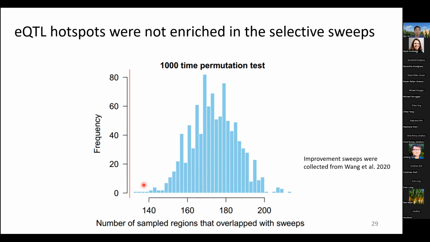We found the observed value is significantly smaller than by chance. So it tells us these eQTL hotspots were not enriched in the selective sweeps, because eQTL hotspots tend to have a higher genetic diversity. So I think this result makes sense.